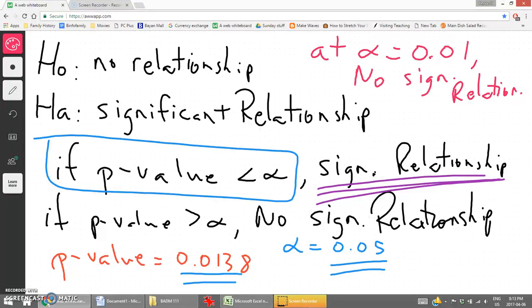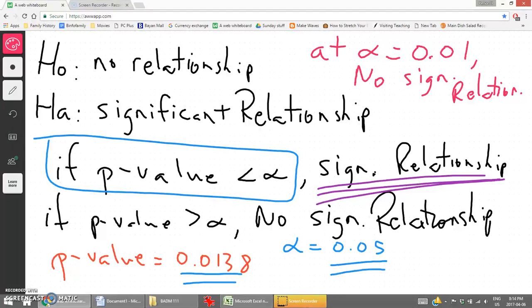That's determined by the researcher, by the type of research we're doing, but generally 5% is an acceptable level of risk for hypothesis testing. So at a 5% level of risk we would state that there is a significant relationship. If alpha were reduced to 1%, a very small level of risk, which means it's opening up our probability of making a type 2 error, there would be no significant relationship.